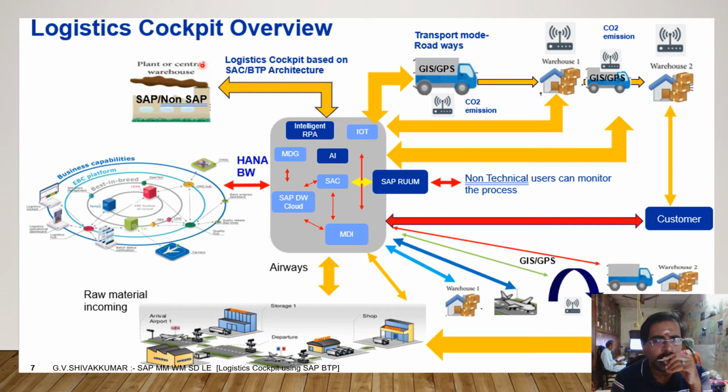So here the logistic cockpit is based on SAC and BTP architecture, which can work with an SAP-implemented plant or a non-SAP managed plant. That does not matter. The cloud with the BTP and the S4 HANA on a cloud environment can interact with both SAP and non-SAP systems. For that only I have mentioned it here.